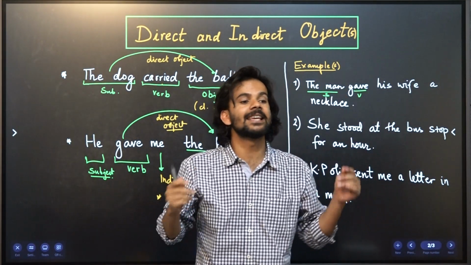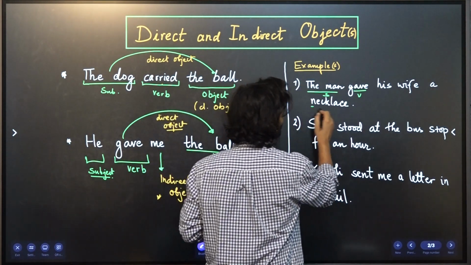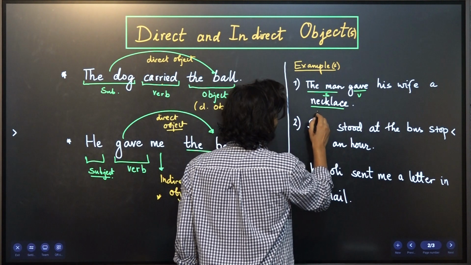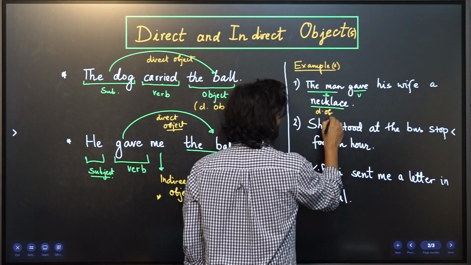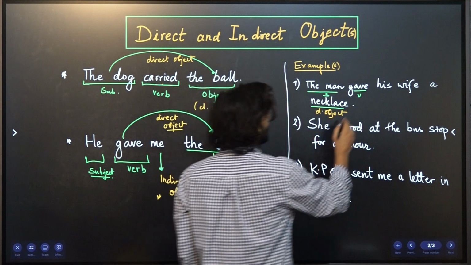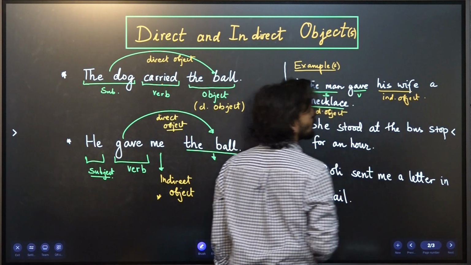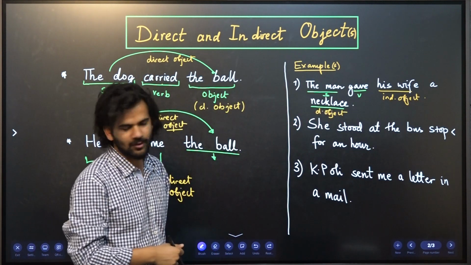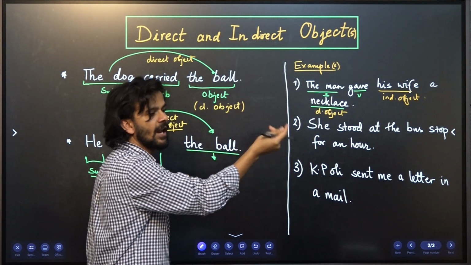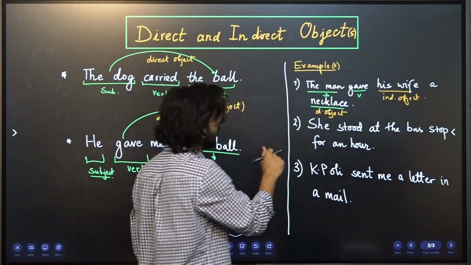No. He gave a necklace to the wife. Giving has been done on the necklace, so therefore the necklace is the direct object. What he gave is the necklace, not the wife. So this is the direct object. To whom? To the wife. What is this? The indirect object. Understand this, pay attention to this sentence. The indirect object is there. Okay. It was given to the wife, but the wife was not what was given.